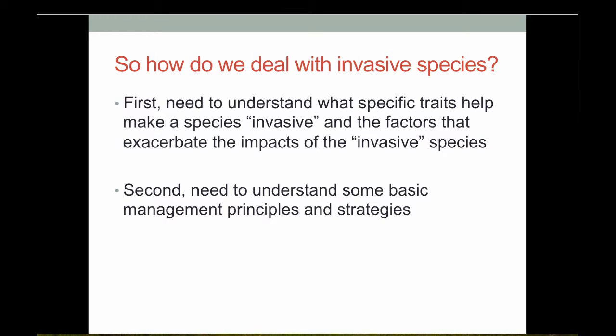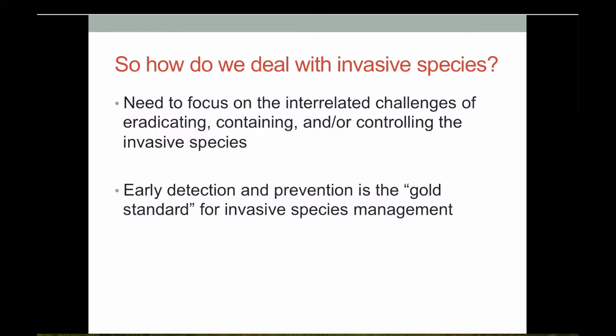I think the second thing, and where I'm going to spend the rest of this lecture, is on the need to understand some basic management principles and strategies that you can use to help deal with invasive species. And keep in mind, these are going to be general management principles and strategies that you're going to need to tailor to the specific traits and characteristics of the invasive or pest species that you're dealing with.